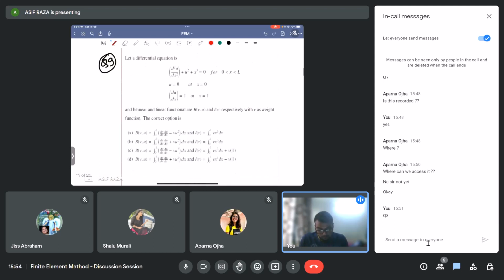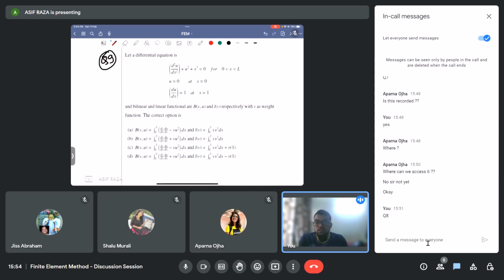Let's move on to the next question. Let a differential equation be this. These are my boundary conditions. This is the essential boundary condition. As you can see, this is a second order derivative, so one would be essential and one would be non-essential boundary condition.